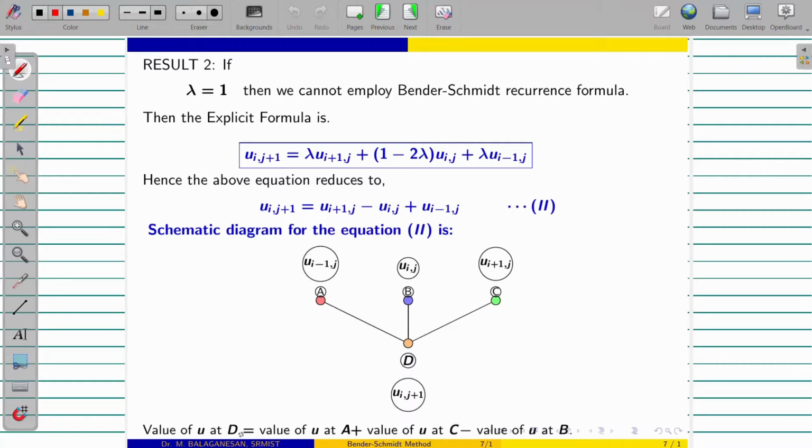If you want to find the value of D, it is the value of A plus value of C minus B. We have to add here, we have to subtract here. Clear? A plus C minus B. This is the formula if we get lambda equal to 1.